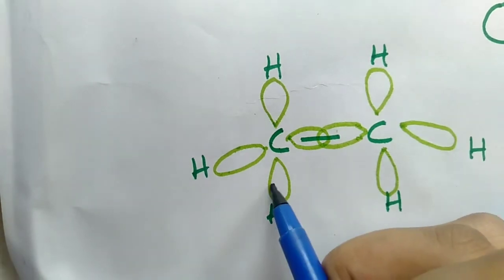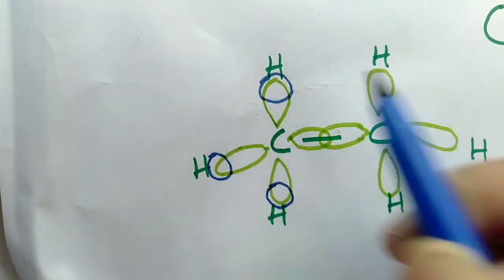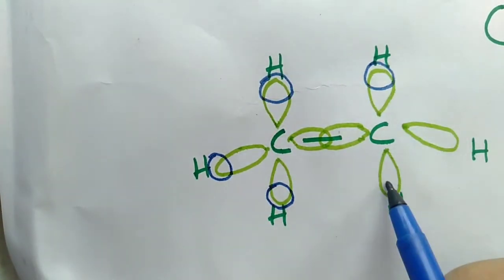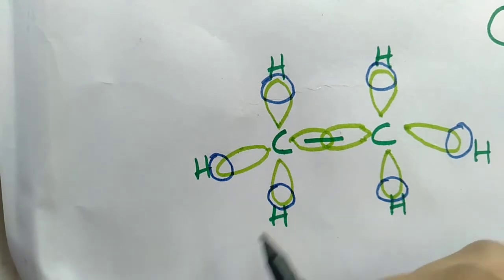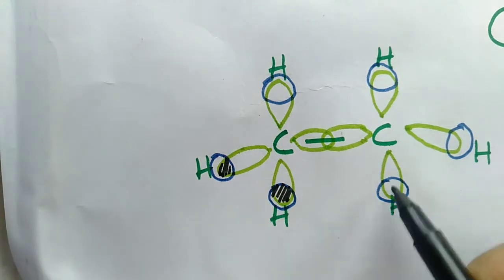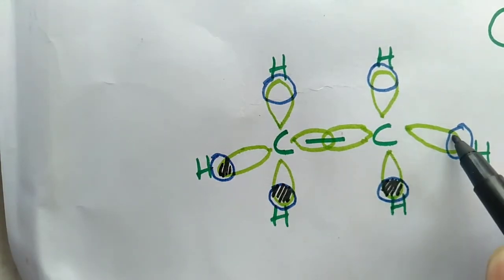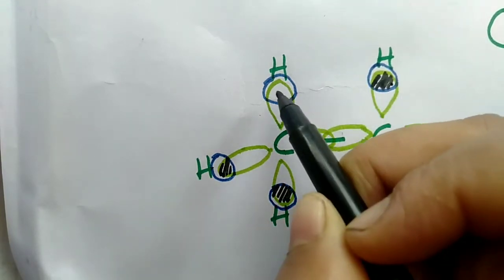Then now the s orbital. All these black colors are occupied by electrons.